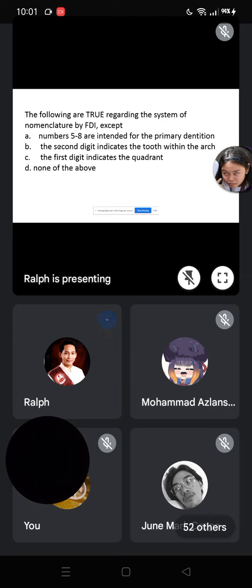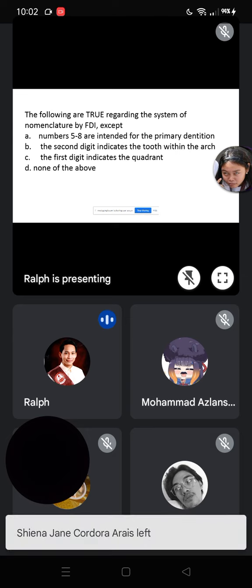Di ba, the quadrants? In each quadrant, ginabira nato siya from numbers 1 to 8. 1 being the central incisor, 2 being the lateral, 3 being the canine, so on and so forth. Therefore, not within the arch, but within the quadrant. Kaya mo man focus sa FDI or sa ISO. By quadrant ang atong focus, not by arch. Nakuha na ang answer?